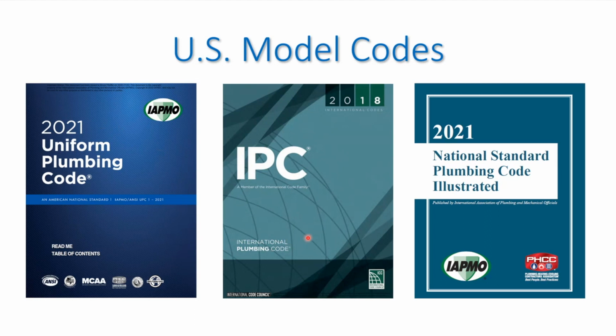The Uniform Plumbing Code and the International Plumbing Code, those are the 2 most widely used model codes in the United States. The National Standard Plumbing Code is used primarily in one state, New Jersey, and in some jurisdictions in Maryland. So very limited use in the United States, but there is still a state that adopts the National Standard Plumbing Code.